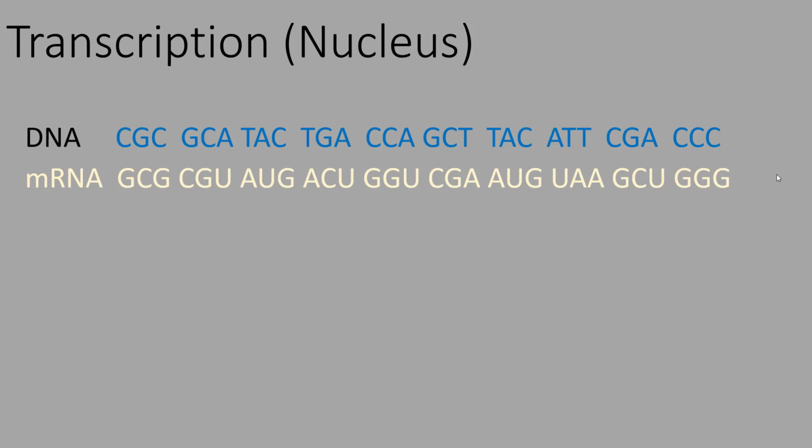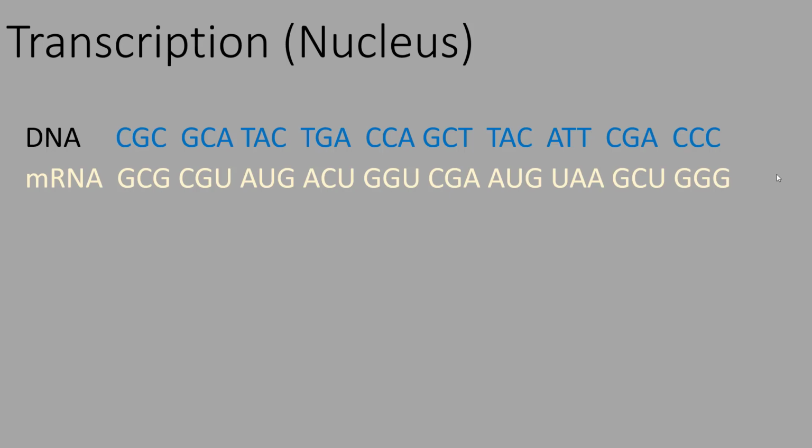So what happens? Well, the messenger RNA is going to carry the message of the DNA to the ribosomes. Messenger RNA can fit through the nuclear pores. It can leave the nucleus, and it does. And what's going to happen when it gets out into the cytoplasm?